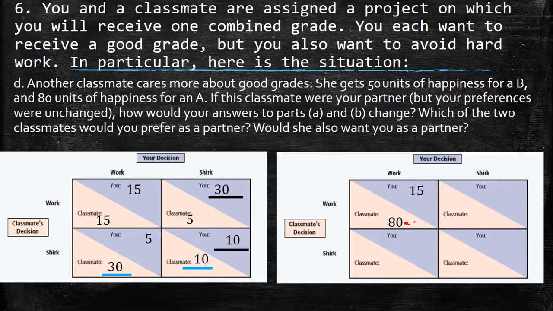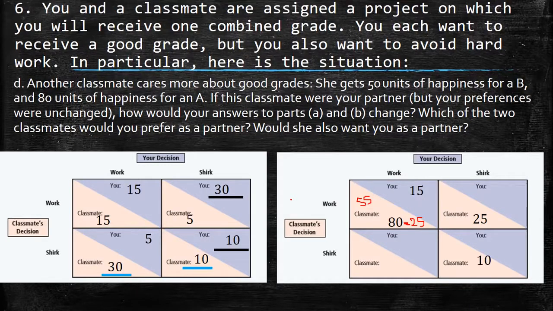So I would say that this one should be minus 25. Okay, so then it should be 55, right? Should be better, 55. Then the other one should be 25, your classmate, because at that time it should be a B, right? So it should be 50 minus 25, which is 25, because that time she works but will get a B, which is 50 units.